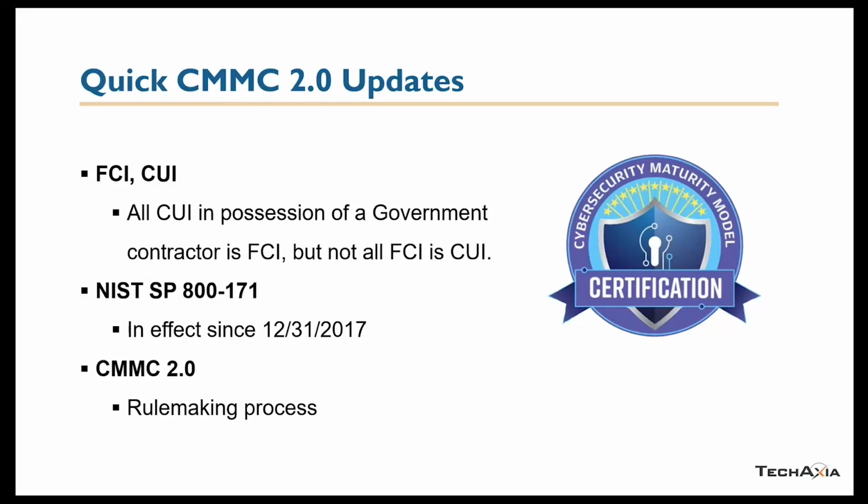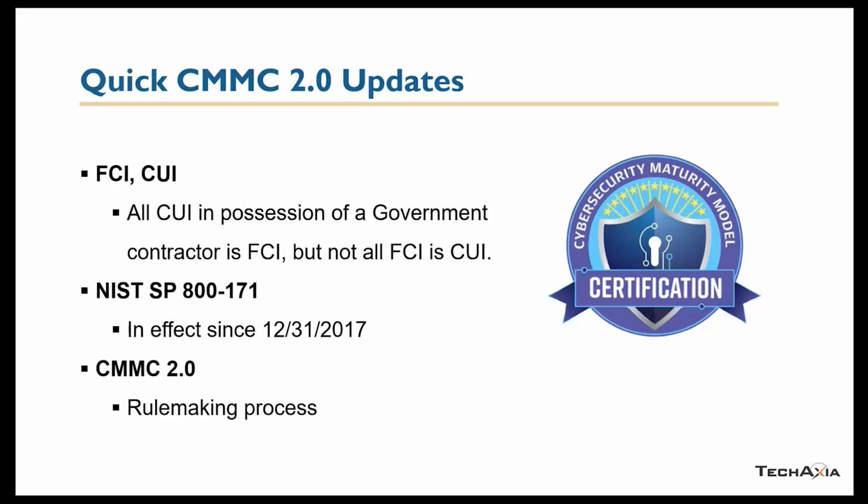Now, CMMC is actually based on NIST 800-171. NIST 800-171 is a framework or standard by NIST that contains 110 cybersecurity controls that the Department of Defense has specifically said any contractor doing work with us, especially at CMMC level 2, has to meet.